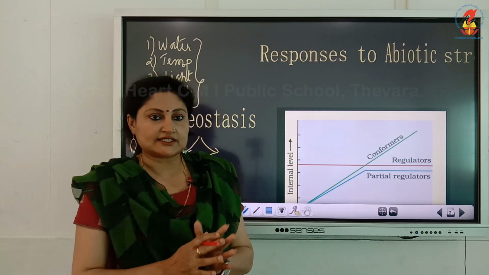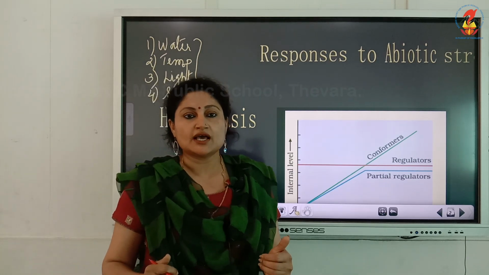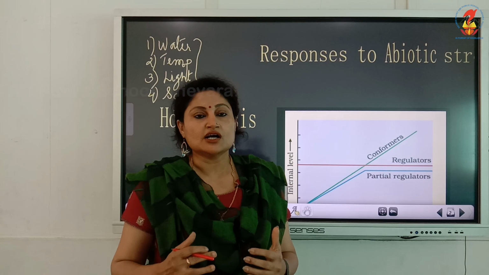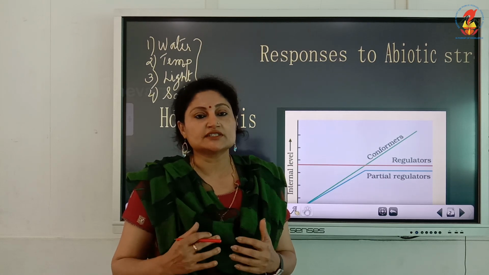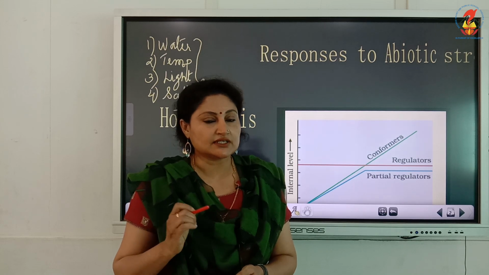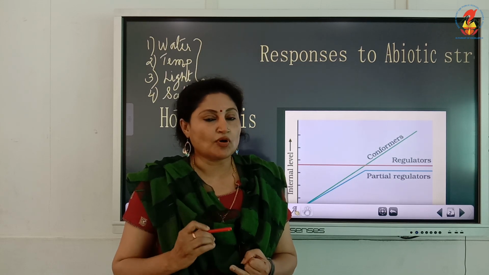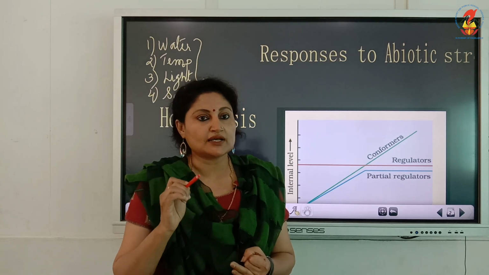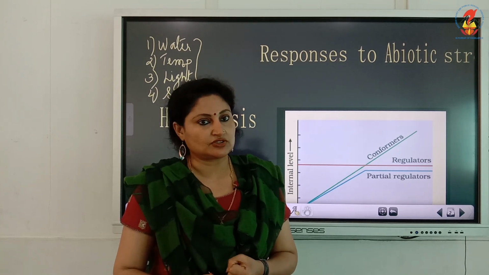Some of the organisms during the course of evolution have coped with these environmental stresses by maintaining a constant internal environment. Here internal environment means internal temperature and body, that is the blood osmolarity or blood water salt concentration.